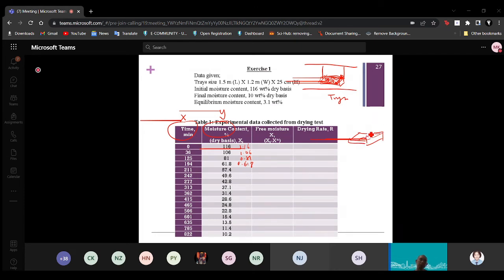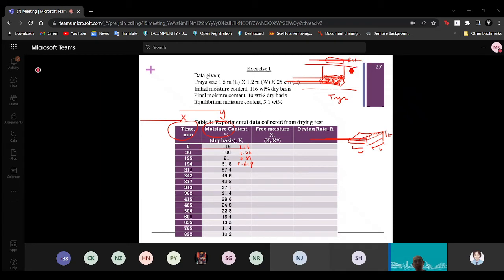Enough. Because you will have the length, the width, and the height following the tray size. So the wet material needs to be dispersed uniformly up to the height of the tray. And this tray dryer is suspended and normally connected to a balance.